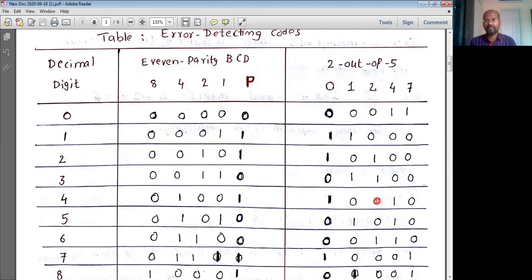So the receiver detects that there is an error in the received bits. That's how the 2 out of 5 code detects the error. So this is how error is detected by using even parity BCD or 2 out of 5 code. There are many other codes that work similarly.